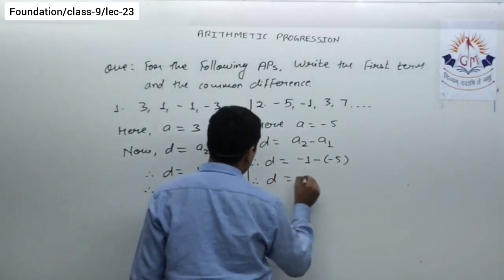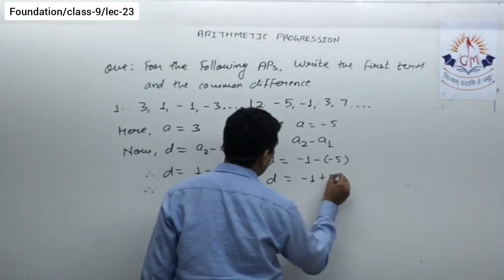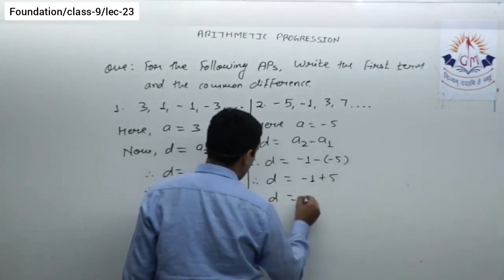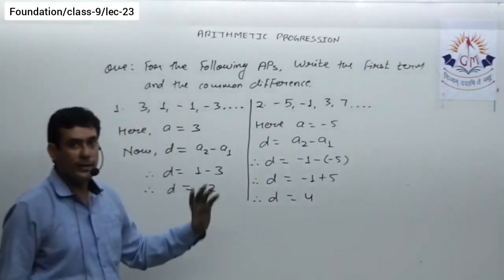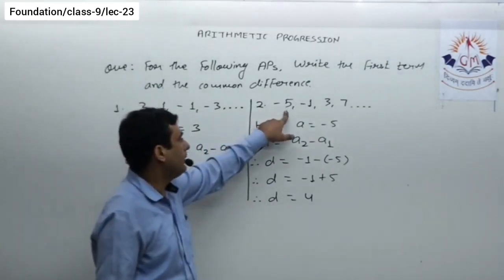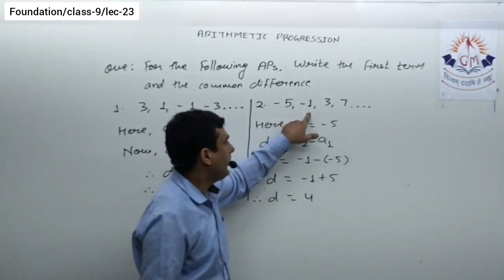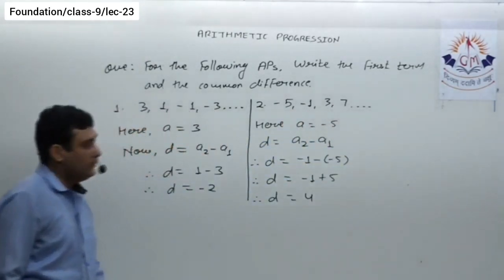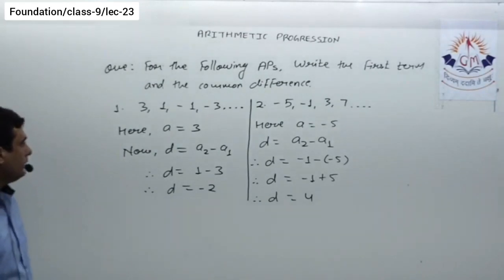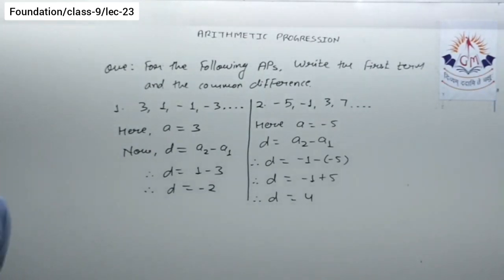So the common difference is equal to minus 1 plus 5, therefore the common difference is 4. That means on adding 4 we get the next term. You can check: minus 5 plus 4 is minus 1, minus 1 plus 4 is 3, 3 plus 4 is 7. So note down these two, then we come to the third one.